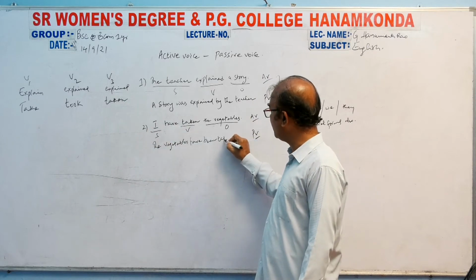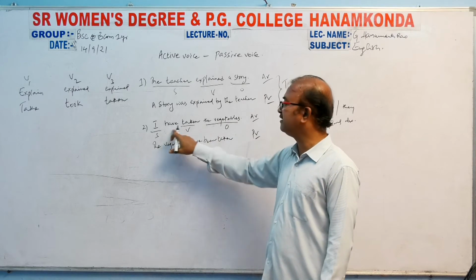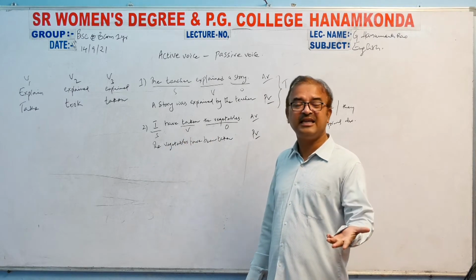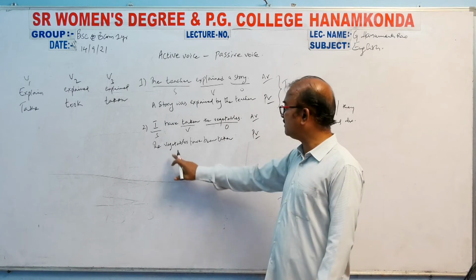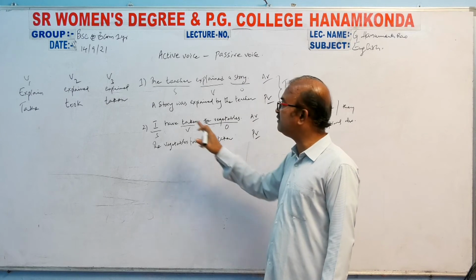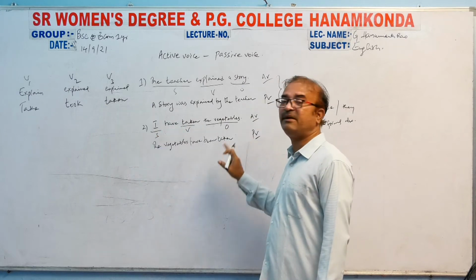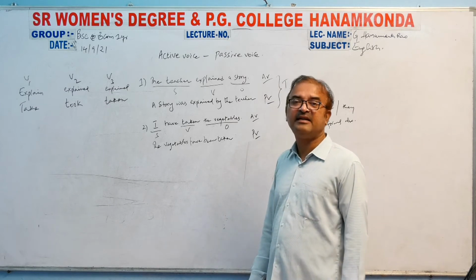Taken. So with this we understand that the sentence is in present perfect tense. So check this one. The vegetables have been taken. Okay, with this we understand that this is past participle. So the vegetables have been taken.